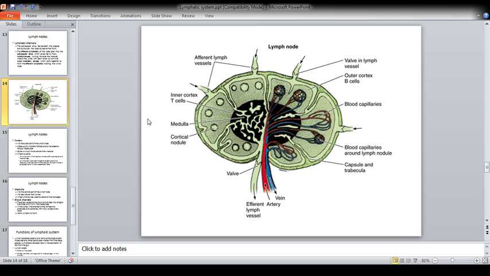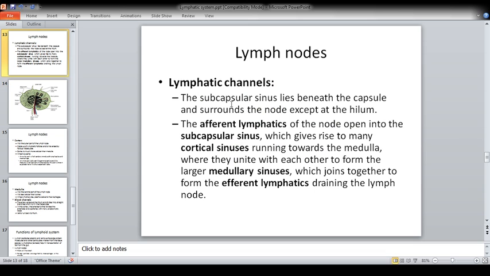Basically, the cortex can be divided into two parts, an outer part and an inner part. This is the outer part of the cortex, and near the medulla this is the inner part of the cortex. You can look at this picture. Cells are abundant here in the outer part and are fewer in the inner part.